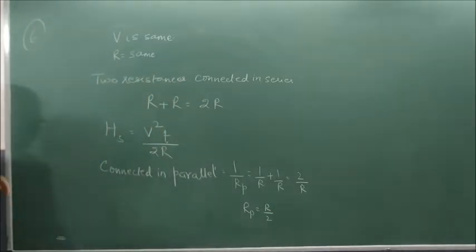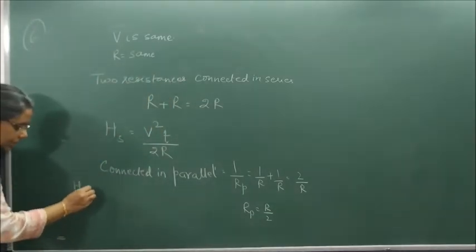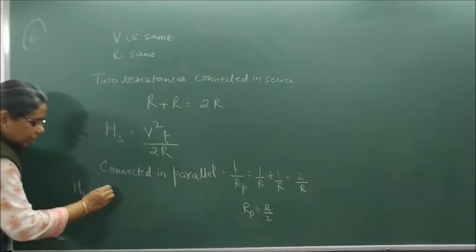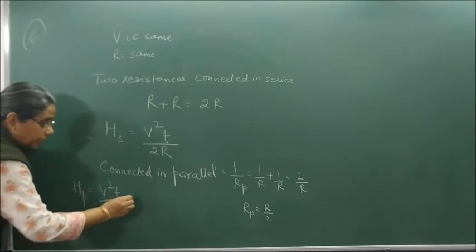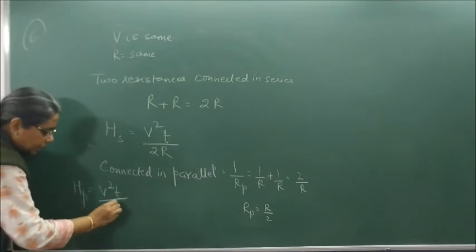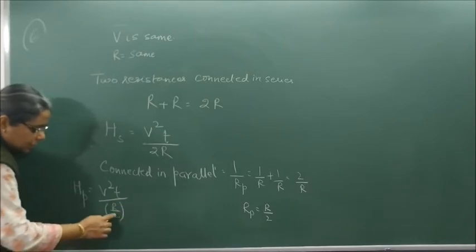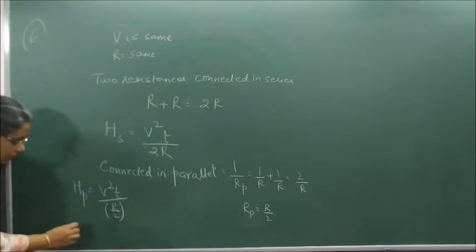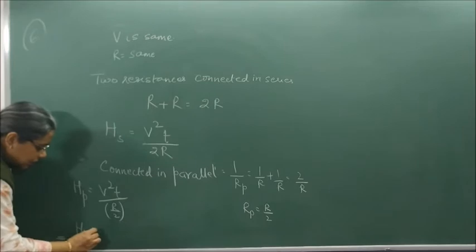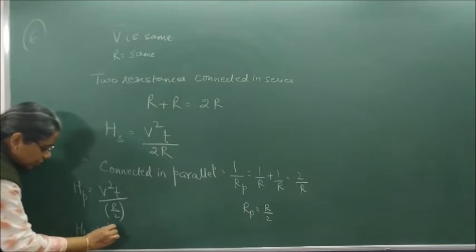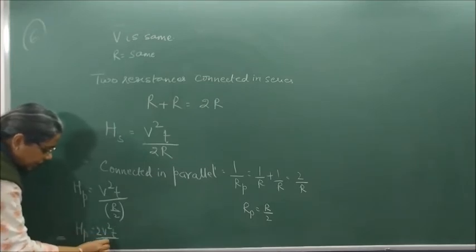Correct? So heat produced in parallel will be V square T by R by 2. This 2 will go up, so you will get HP is equal to 2V square T by R.